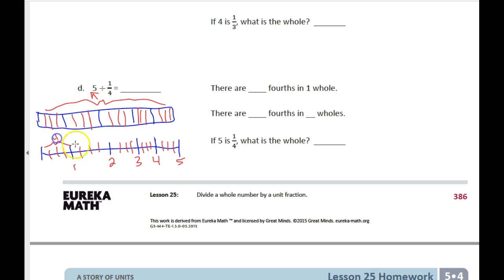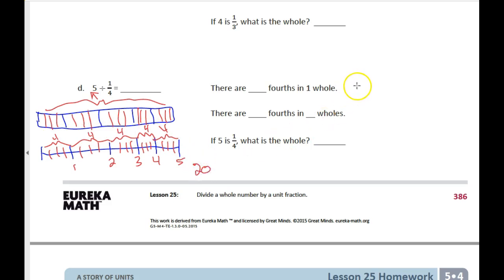So there's 4 in here. There's 4 in here. There's 4 in here. We're figuring out how many fourths we can fit into 5 wholes. How many fourths can we fit into 5 wholes? And so that's where we think about this, and we go 4 times 5, and we get 20.